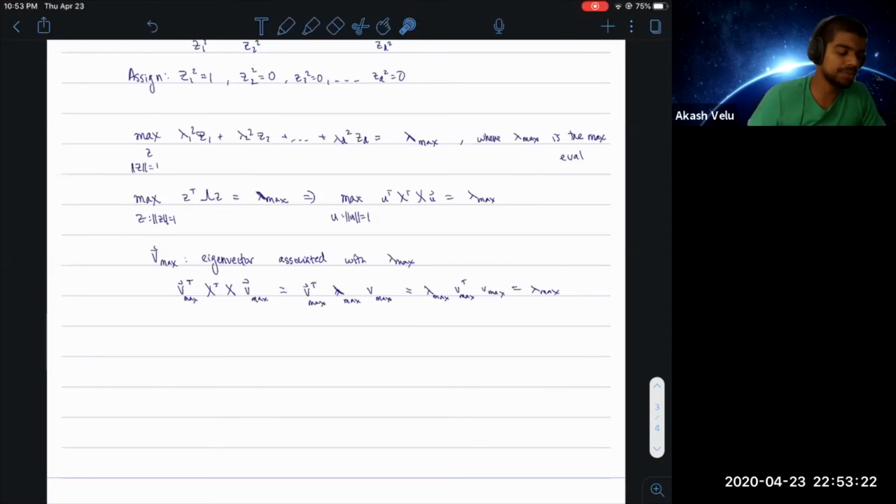Again, if you think of this as some sort of test, and the most number of points you can get on the test is lambda max, you want to choose the answer that gives you the point total lambda max.